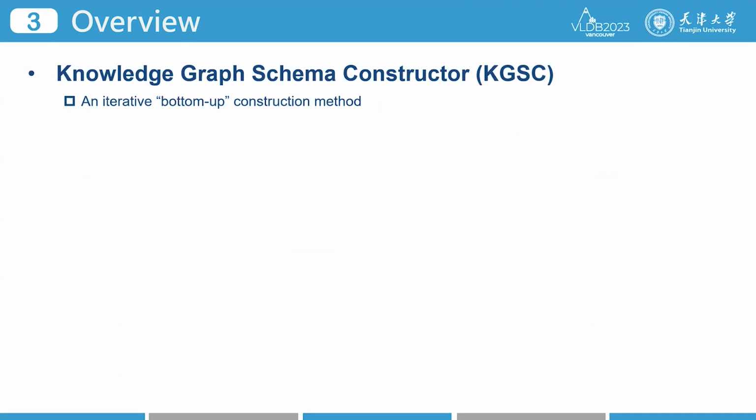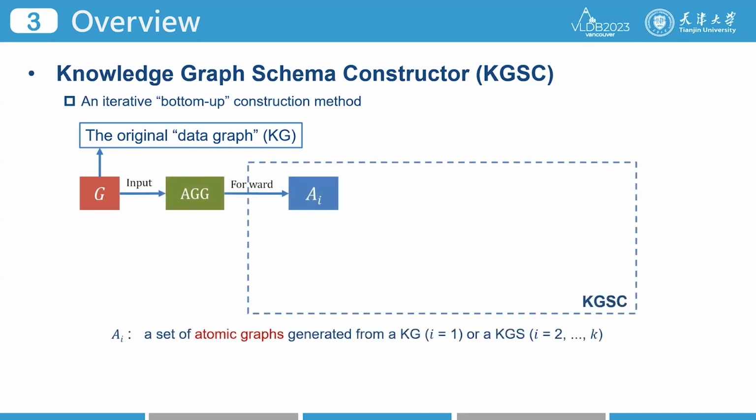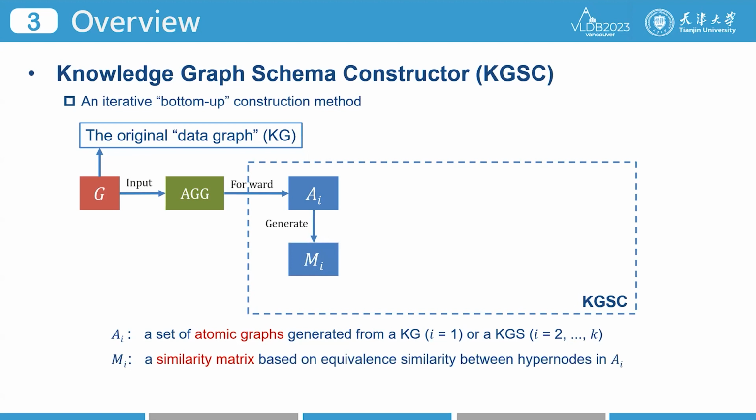The second component is the knowledge graph schema constructor, which adopts an iterative bottom-up construction method. If we are given a knowledge graph G as the original data graph, after processing by the AGG component, a set of atomic graphs A1 will be generated from G. Using the set of atomic graphs, a similarity matrix M1 is computed and generated.